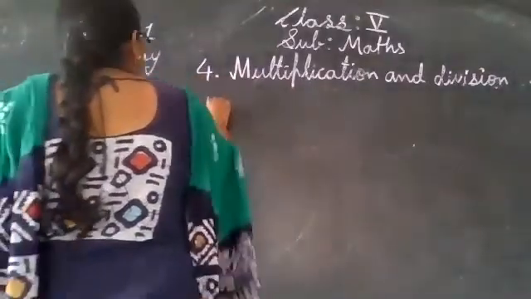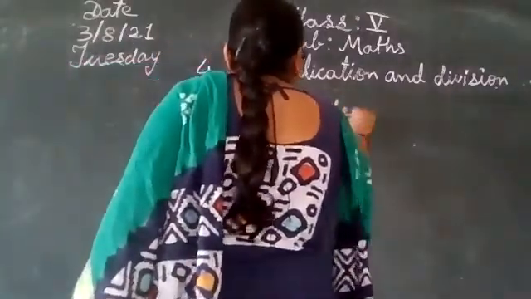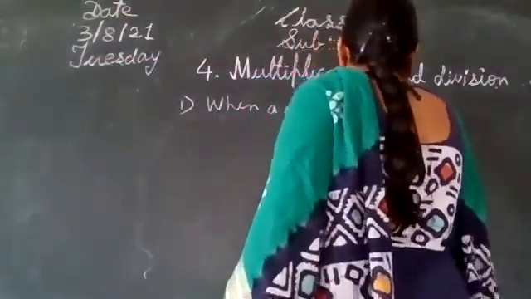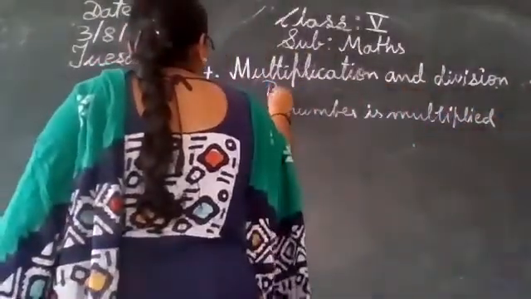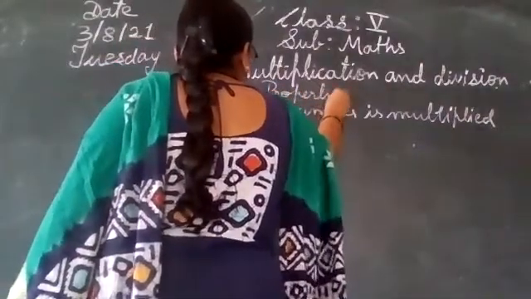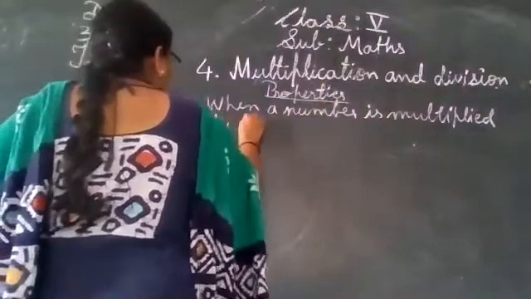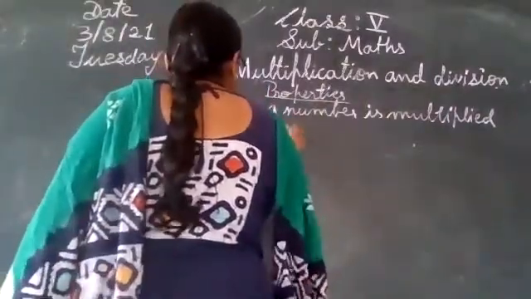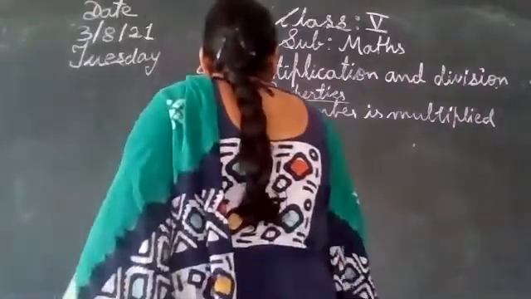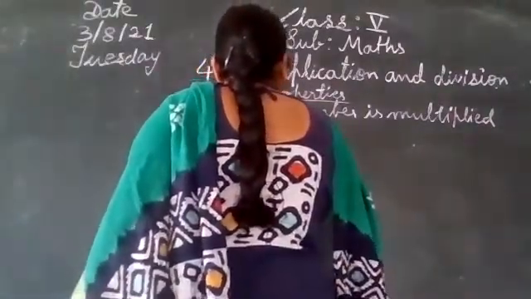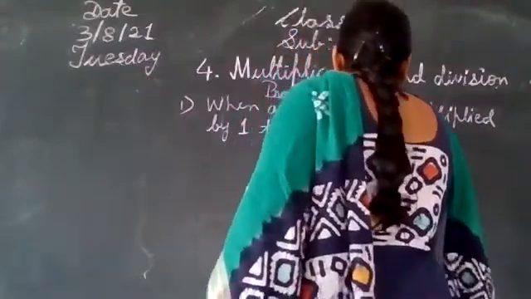So the first property is: when a number is multiplied by 1, the product, meaning after multiplication the answer is known as the product, is the number itself.